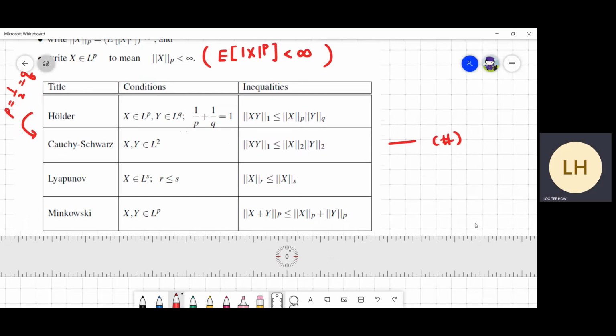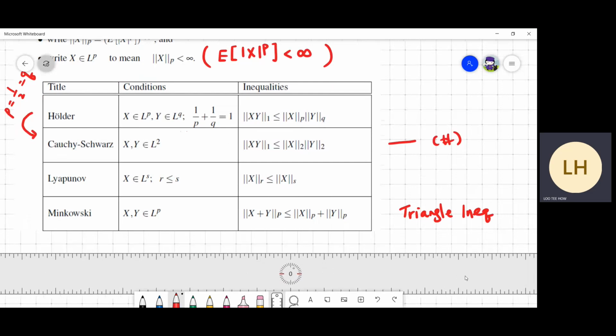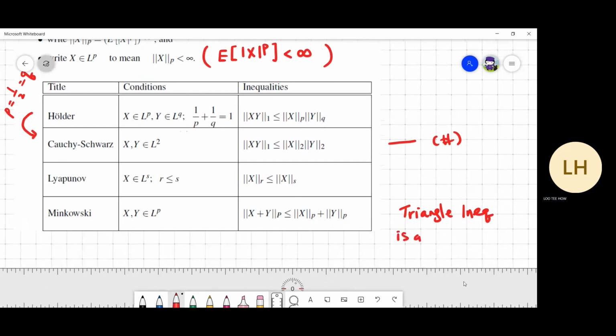If you have learned this in your calculus, you can see a special case of this is the so-called triangle inequality. So the triangle inequality is a special case of this Minkowski inequality.